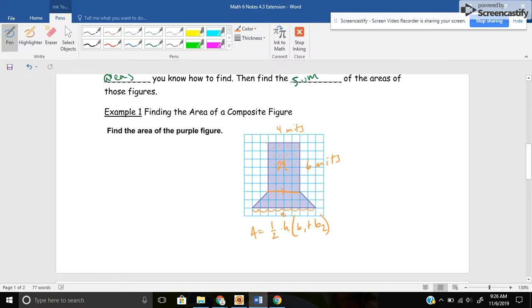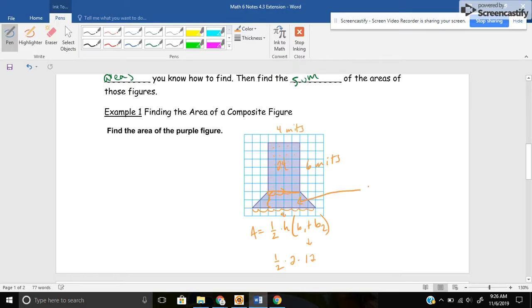It's the same down here as 4. 1, 2, 3, 4. So 8 plus 4, that would give me 12. Times my height, well, from one base to the next is 1, 2, it's 2 units tall, times a half. Okay, so I get half of 2 is 1, and 1 times 12 is 12. So the area for my trapezoid is 12.